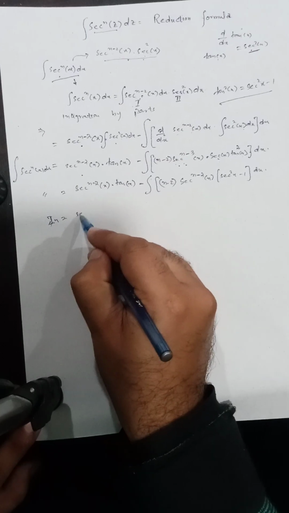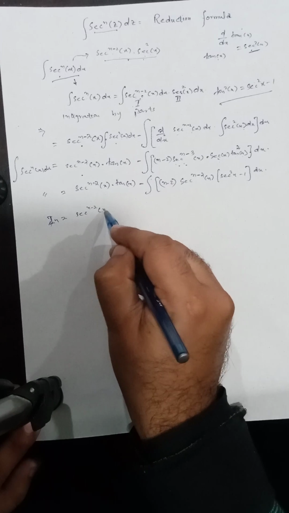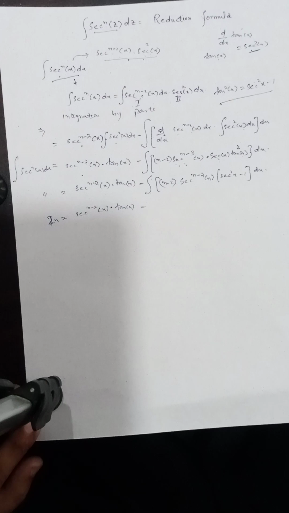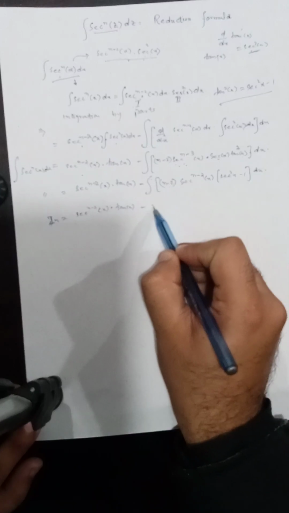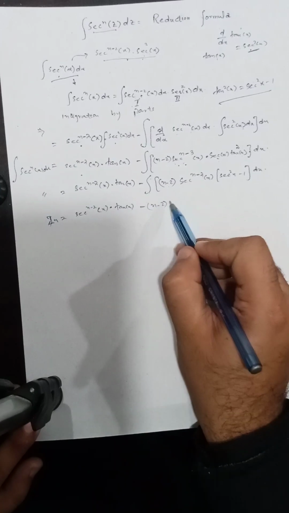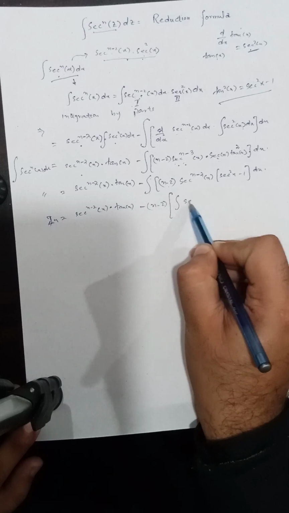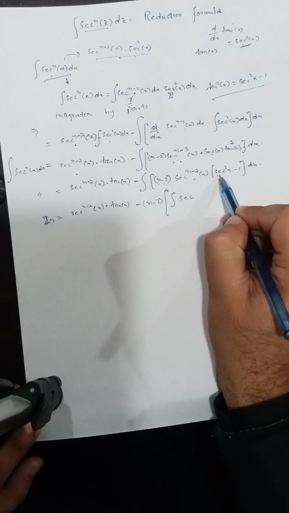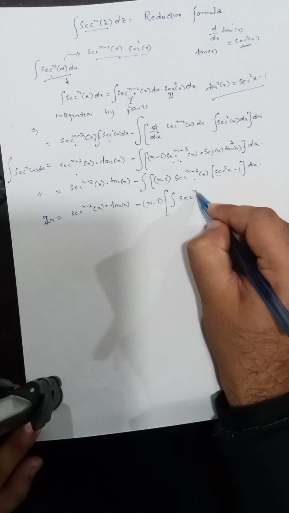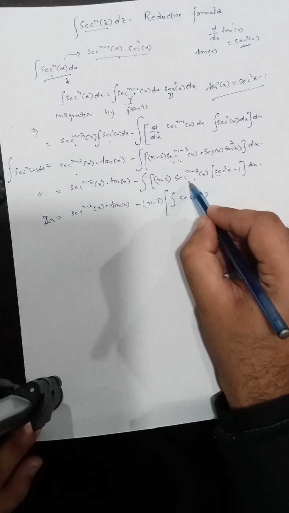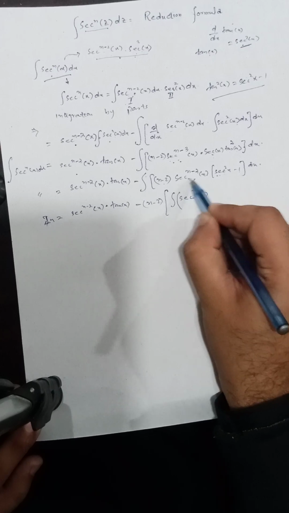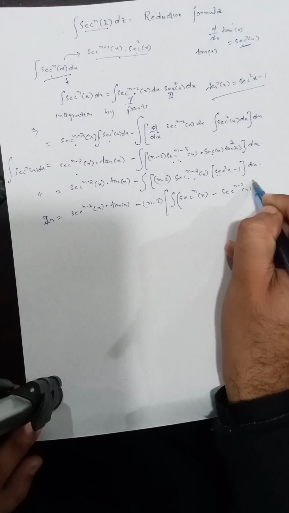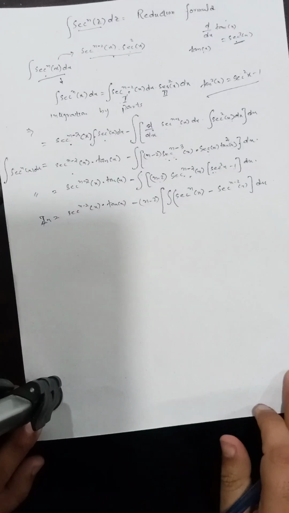So first function in its place secant of n minus 2 of x with the tangent of x minus n minus 2 will be common from these two functions. It is equal to integral of secant of n minus 2 multiplied with secant square of x minus 1, so it is secant of n minus 2 of x with respect to x.